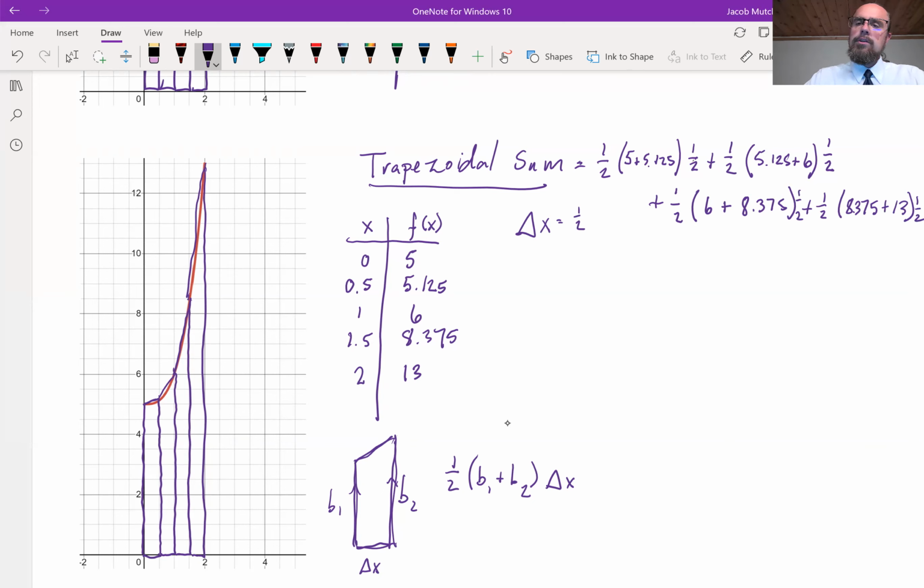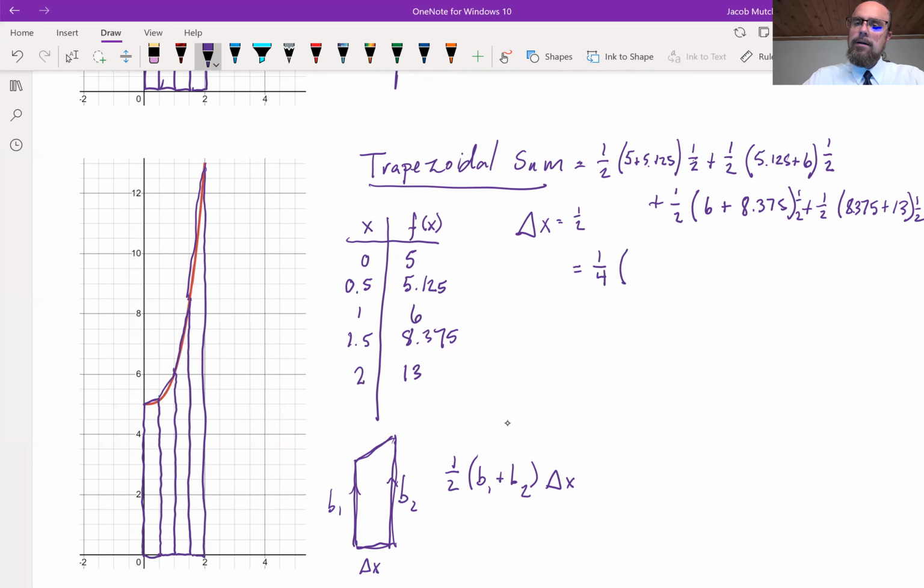So I see for each one of these, I got a half in the formula for a trapezoid area and a half as my delta x. So I'm going to factor out basically a quarter. And I'm going to factor that out of each one.